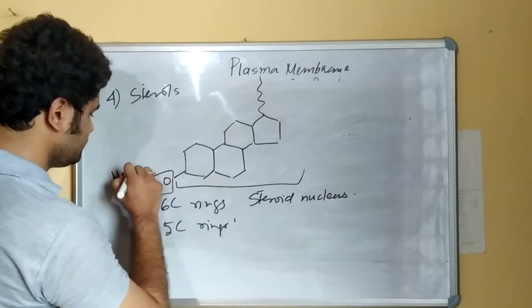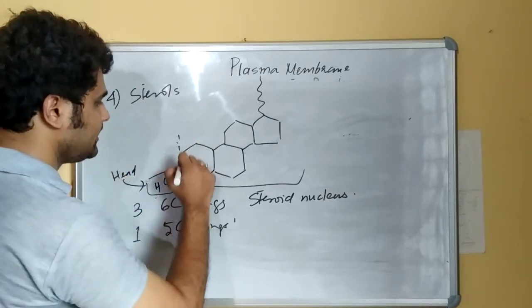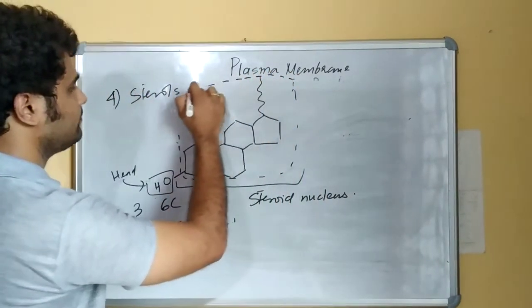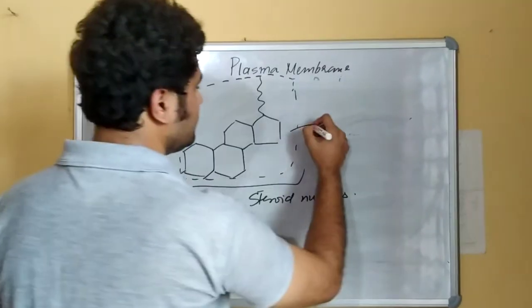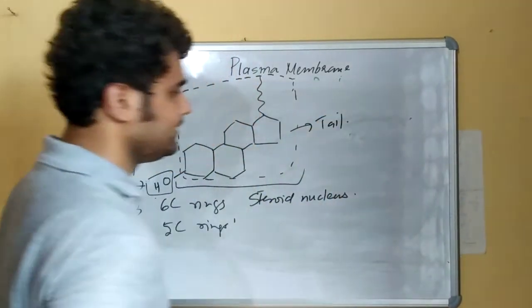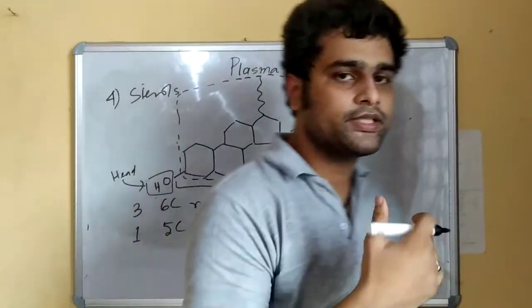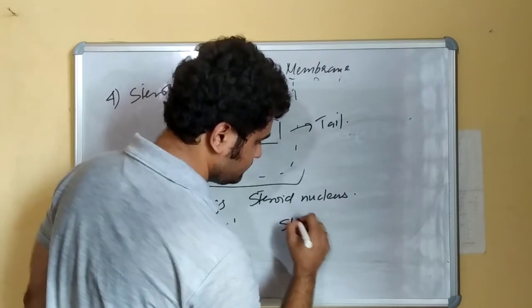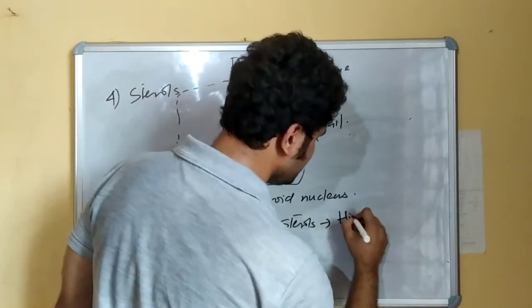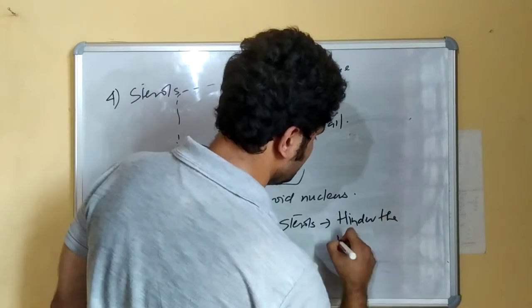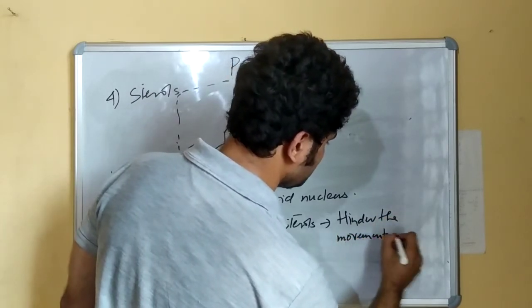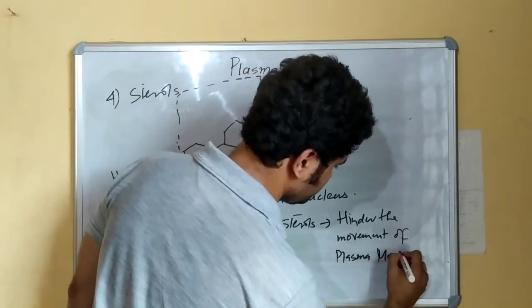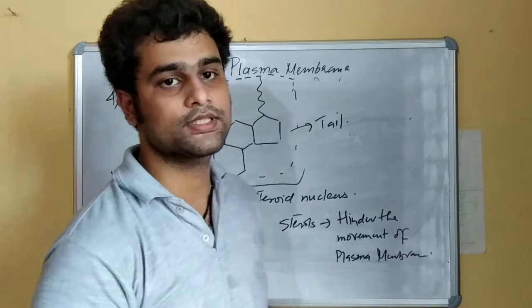Here in this entire section there is an OH group, which is the head, and this entire thing is an alkyl chain, right? We're going to discuss it when we discuss the biochemistry of sterol. This entire thing is the tail, right? So what is the speciality of sterols? Sterols hinder the movement of plasma membrane, which we are going to discuss later.